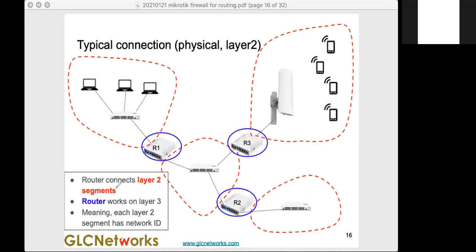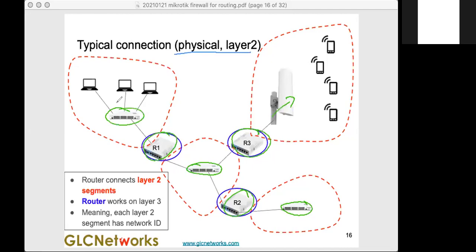So this is how you set up your own network, right? So it's very physical. Okay, physical networks. Here you have routers, another router, another router, and then most likely they're connected with a switch and then another switch, and then you have Wi-Fi here.